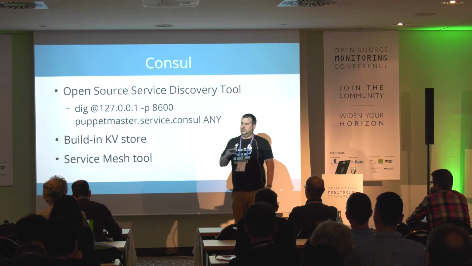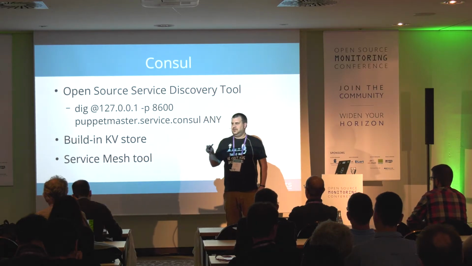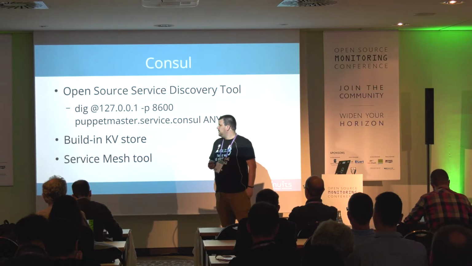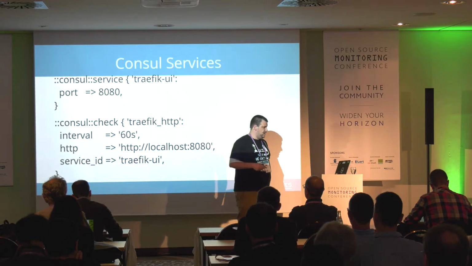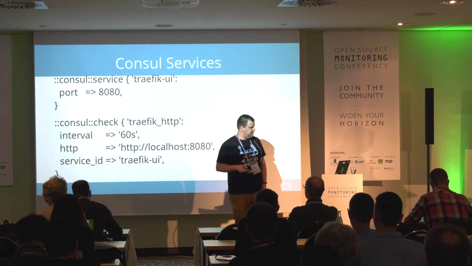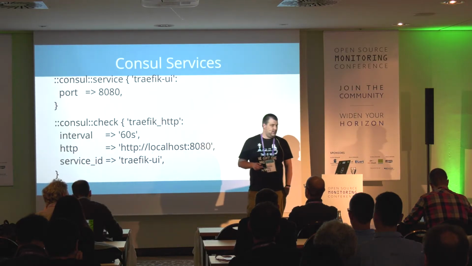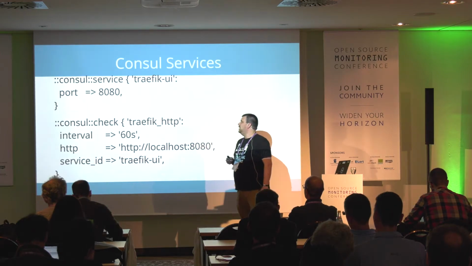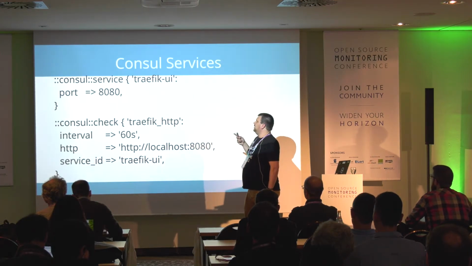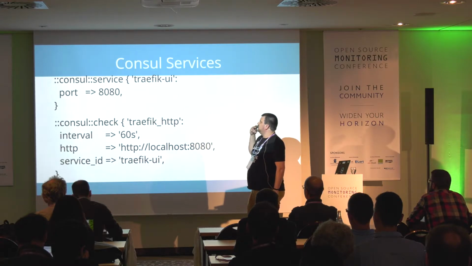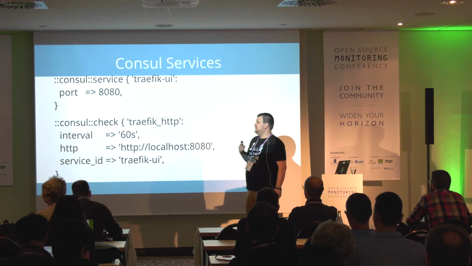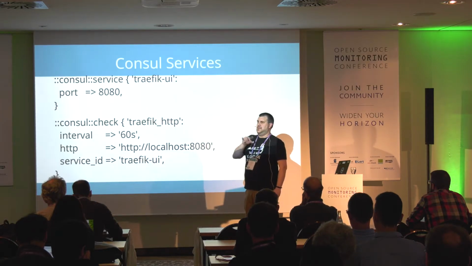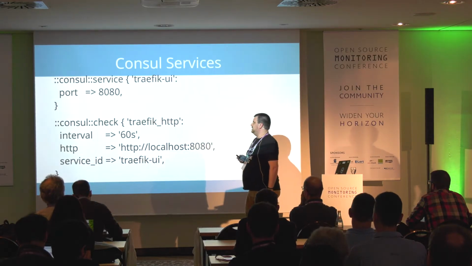So you can actually block other services, or you have to specifically tell other services that are allowed to use it. Little Puppet example of how to build it. So in my case, the Traefik UI, I want to expose it because who has the time for command line? So in my case, I want the Traefik UI that's listening on port 80, I want to make sure that it is available in Consul, because then I can make it available in Traefik.